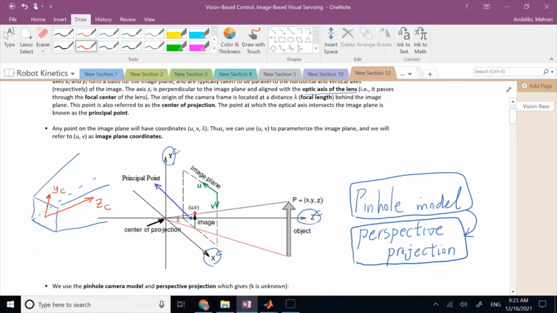and x in this case actually should be this way, the way it is drawn. And it is, because if I want a right-handed system, then this x of c should be this direction.